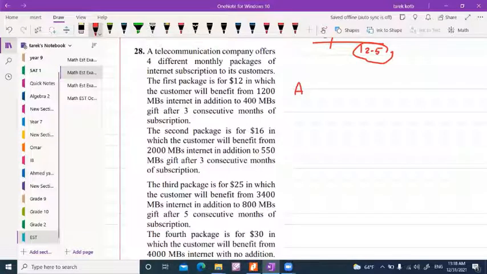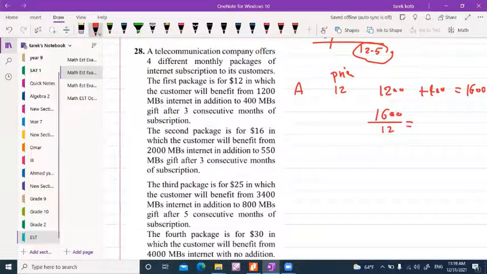This is the price of the package, and you can benefit from 1,200 plus 400 gift, which means 1,600 megabytes. Okay, so the price of the megabyte is 1,600 divided by $12. So it will be 133 megabytes per dollar.